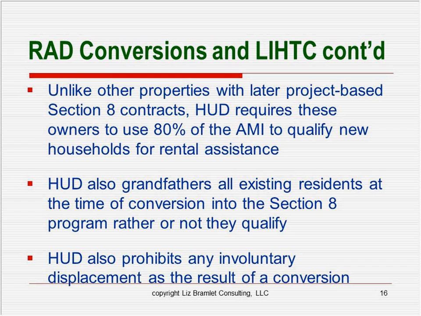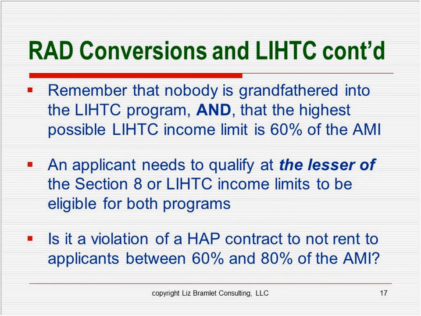And so they grandfather into the Section 8 program when they go through RAD conversion. Keep in mind, they do not grandfather into the tax credit program. And in everything you read that comes out about RAD, HUD prohibits any involuntary displacement as a result of a RAD conversion.